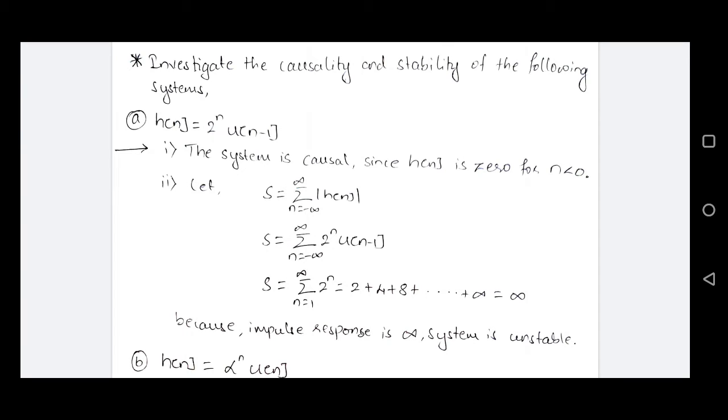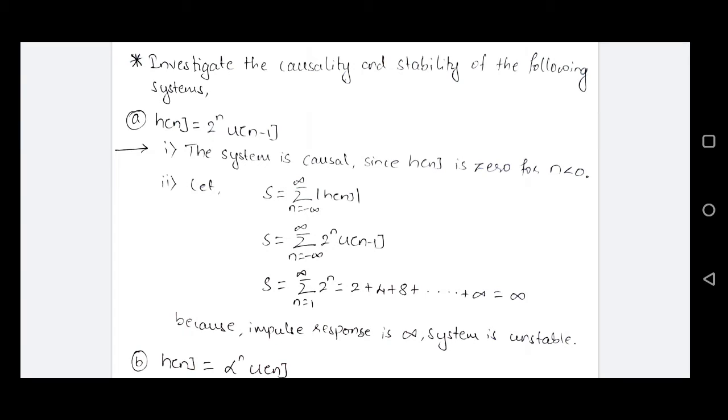Now h of n is 2 to the power n u of n minus 1. Because of this u of n minus 1, the lower limit will be 1 and the upper limit will be infinity, because it is a unit step function starting from 1 and present till infinity, of 2 to the power n. Now this is a geometric series on 2.